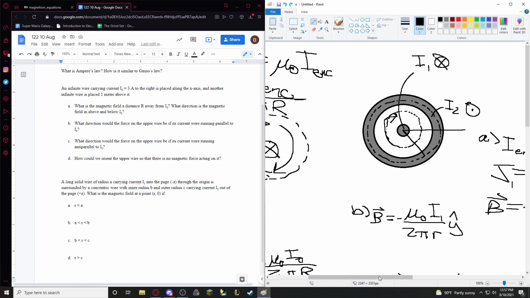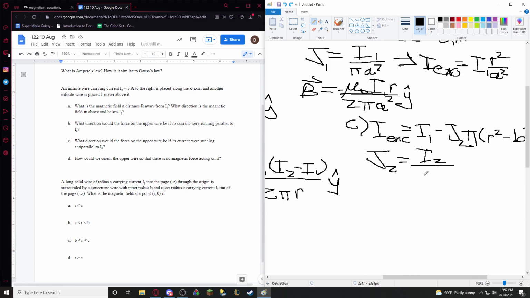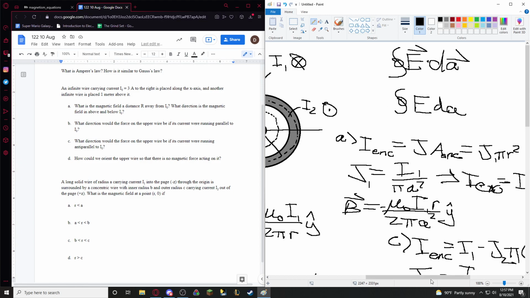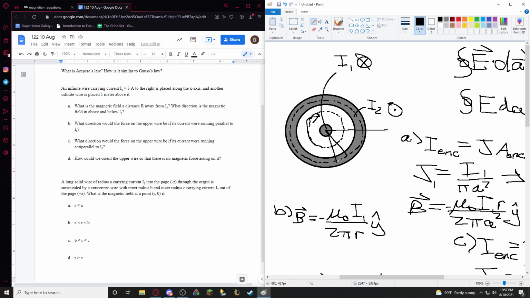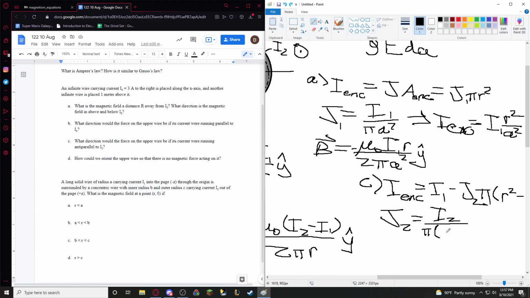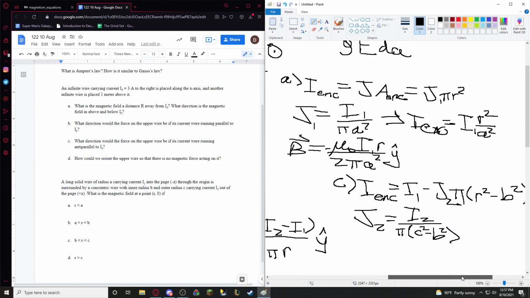So it's still pi times r squared minus b squared. In this case, r, the outer radius, would be the total outer radius all the way out, which would be c. So c squared minus b squared.